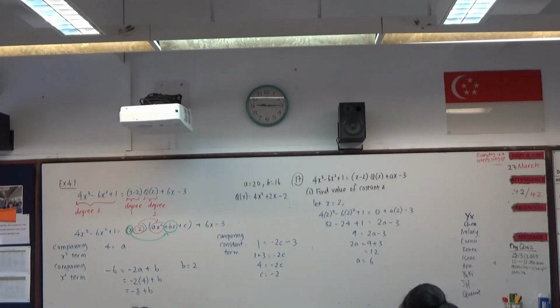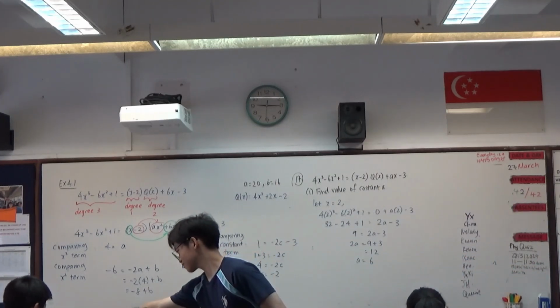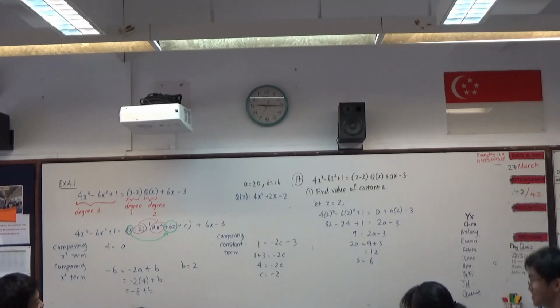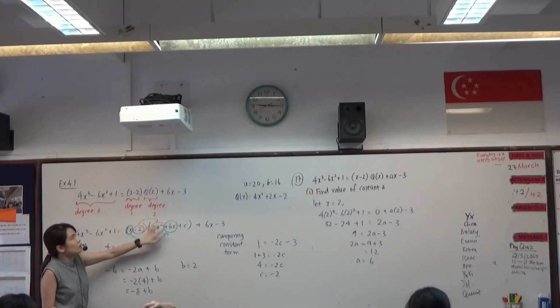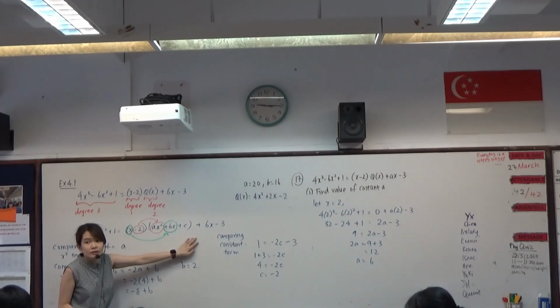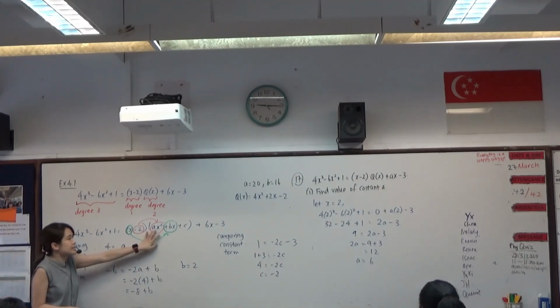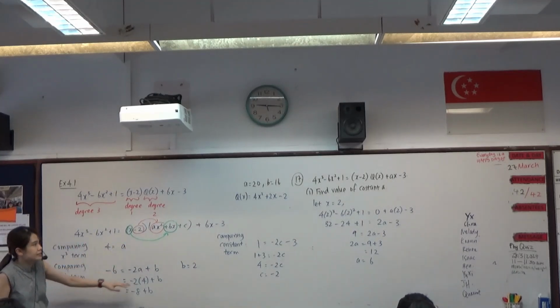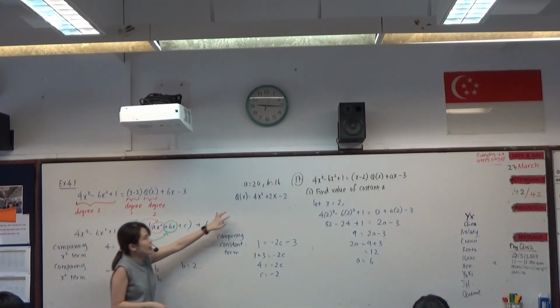But then after that I calculate b... this is supposed to be my qx. That's why my qx is this.